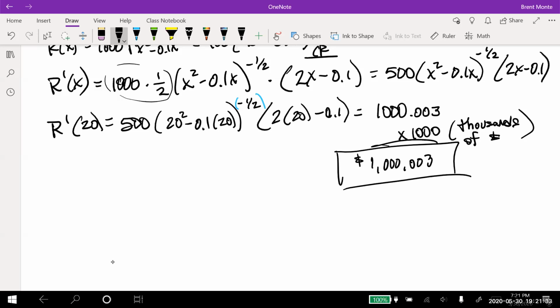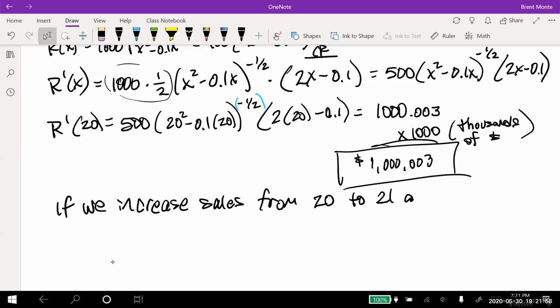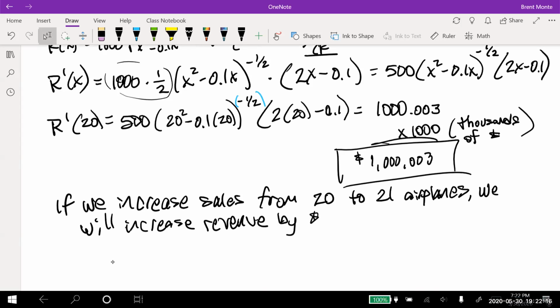So our prediction would be, let's reword it this way because I don't want to say one more airplane: if we increase sales from 20 to 21 airplanes, because it means we're doing one more, we will increase revenue by $1,003. That's what we just found.